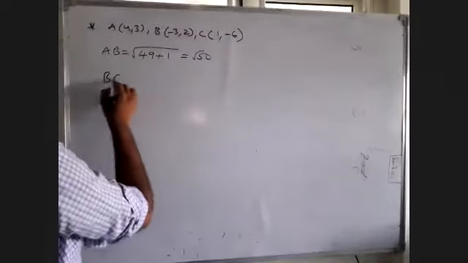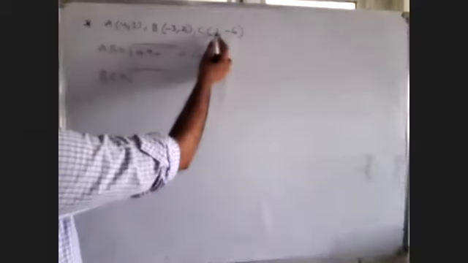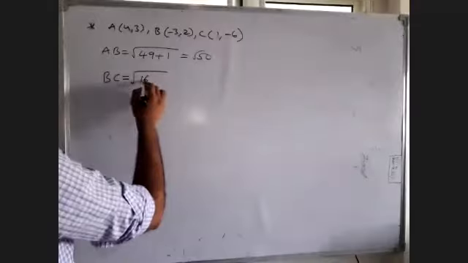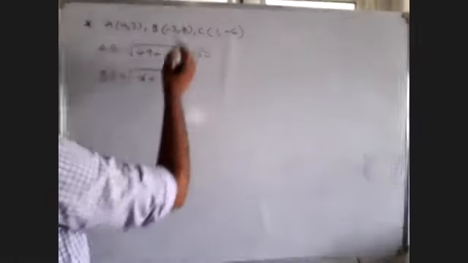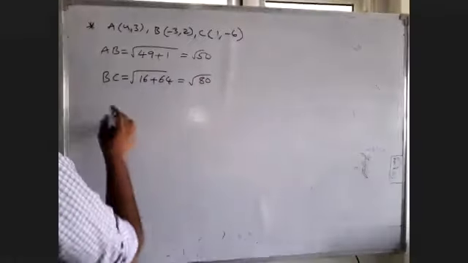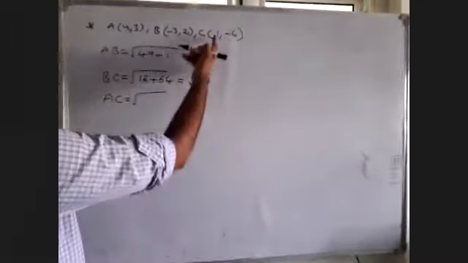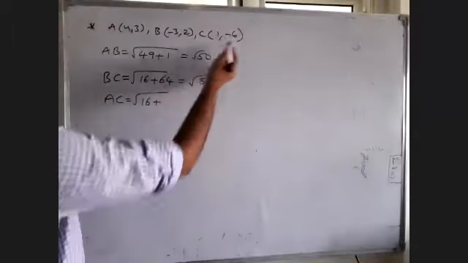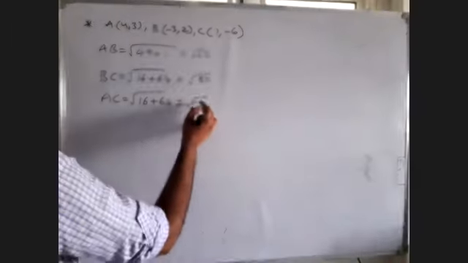BC distance: (1 plus 3) squared is 16, and (minus 6 minus 2) squared is 64, so root 80. AC distance: (1 minus 4) squared is 9... similarly (minus 6 minus 2) squared is 64, that is also root 80.